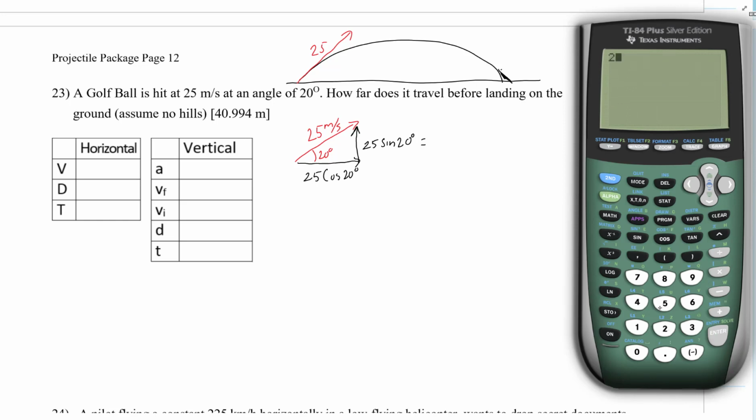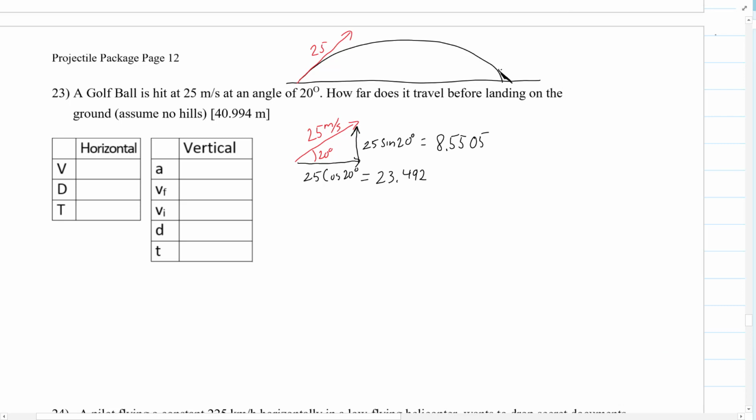Getting the two values: 8.5505, and this is 23.492.